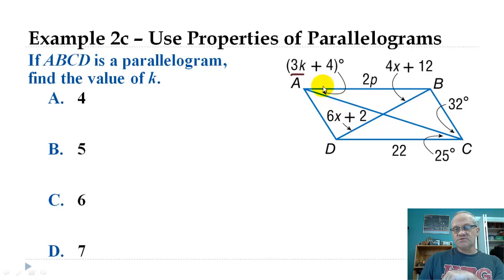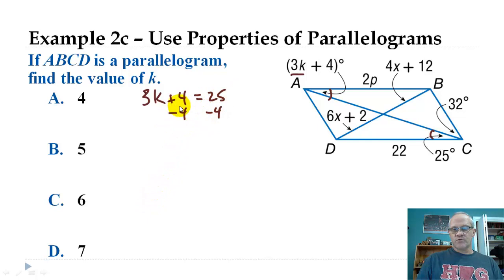So for 3k plus 4, this angle, the alternate interior angle is this one down here. Those two angles have to be congruent. So 3k plus 4 and 25. Our equation could be 3k plus 4 equals 25. We subtract 4.